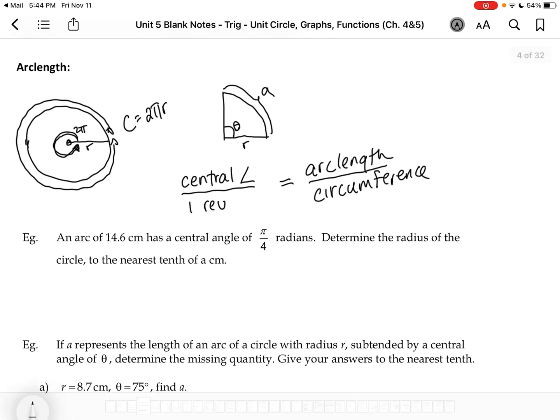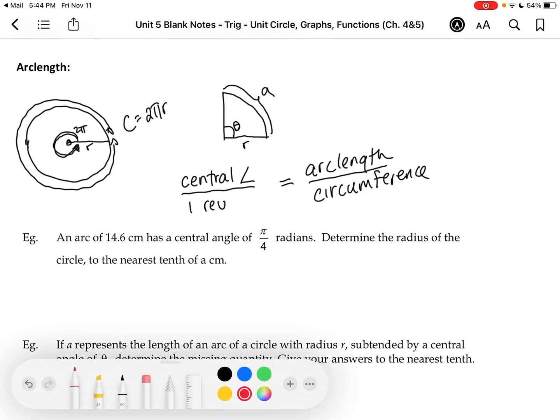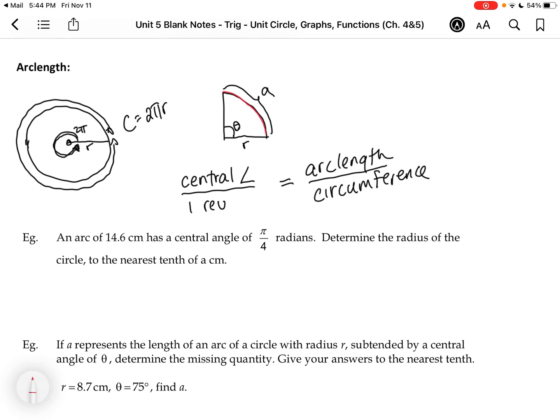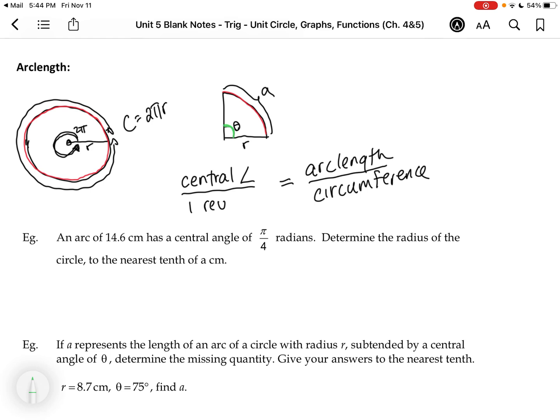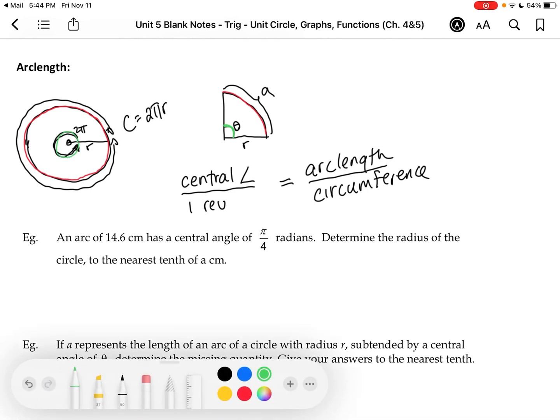So essentially what I'm saying is the ratio of this to this is equivalent to this ratio, theta over one revolution. Okay, so let's translate this more into math symbols, numbers. The central angle we're going to call theta.